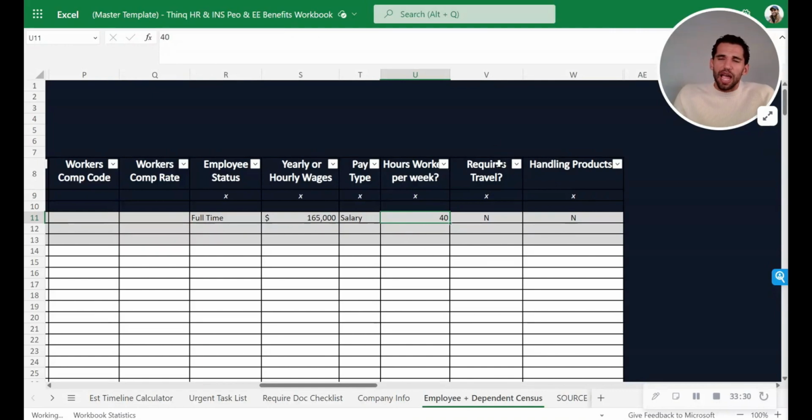And then, does the job require travel? That's super important to know. Let's say there's a country at war and it's international, and your employees have to travel there, and U.S. citizens are not really welcome there at this time. Then the company's going to want to know if the nature of business is that the employee has to make those travels.